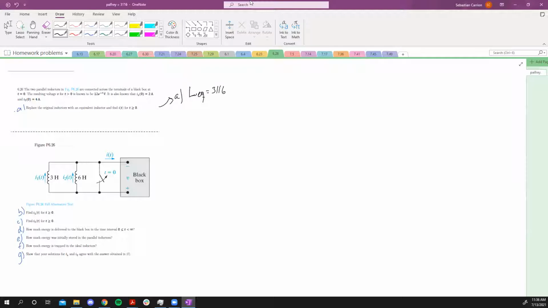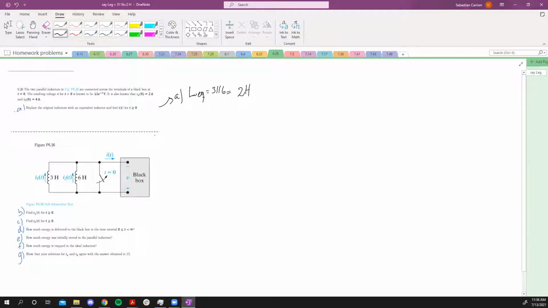Off the top of my head, I don't really know how to do that, but 3 in parallel with 6 is 2. It's going to be 2 Henry. Let me write that.